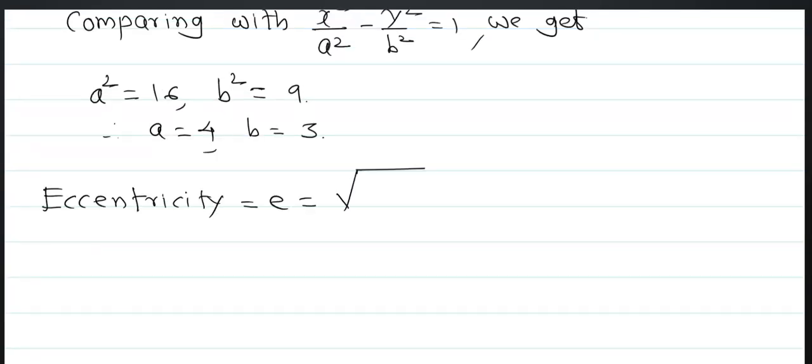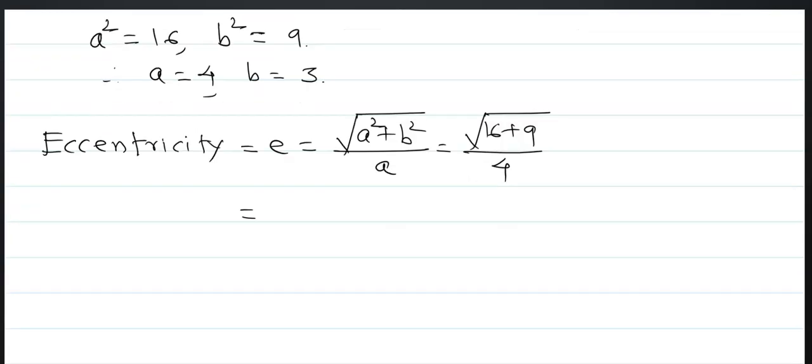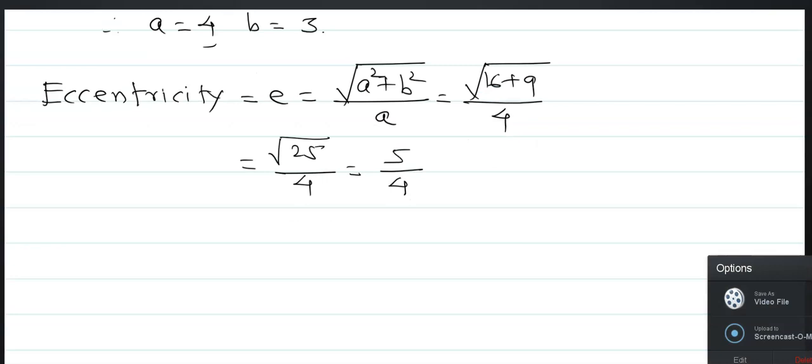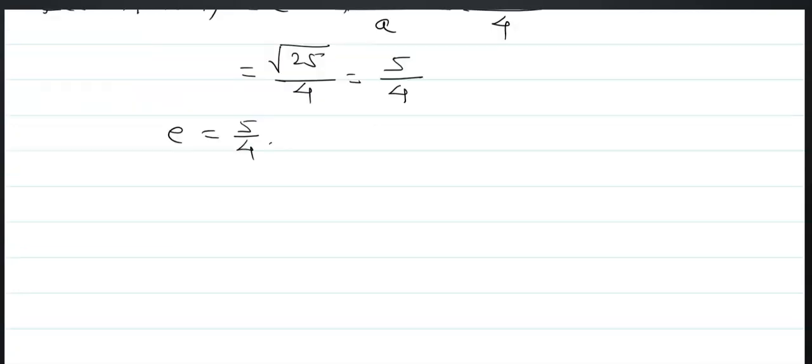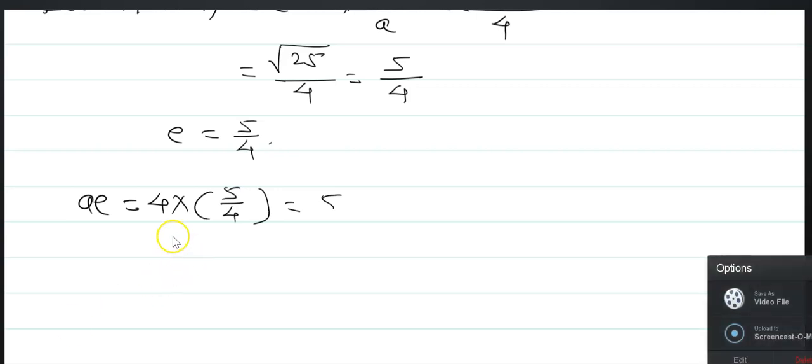Eccentricity e is equal to root of (a² plus b²) upon a, that is root of (16 plus 9) upon 4, that is 25 upon 4, 5 by 4. e is 5 by 4. ae is equal to 4 into 5 by 4, the 4 gets cancelled, you will get 5.